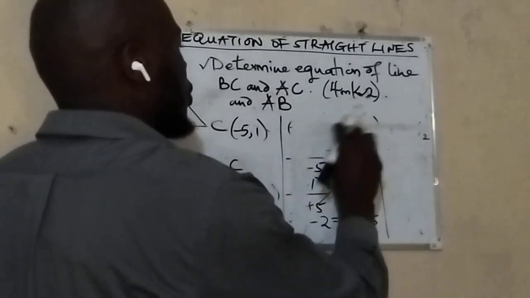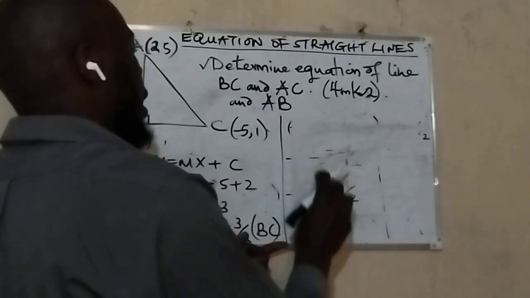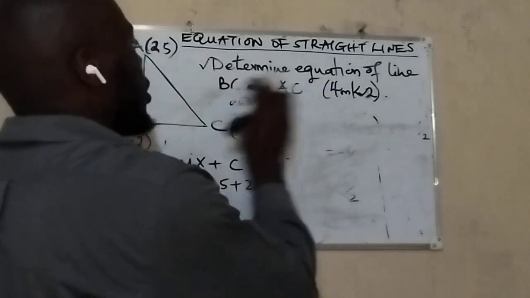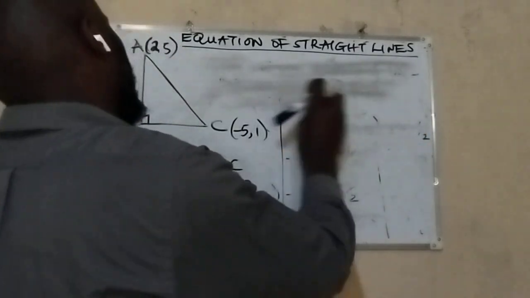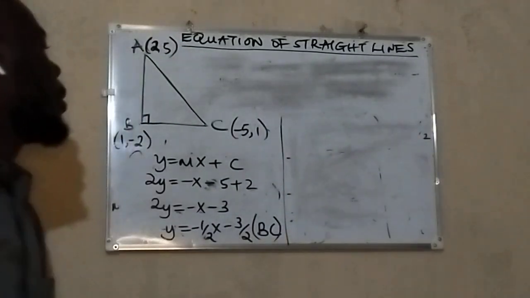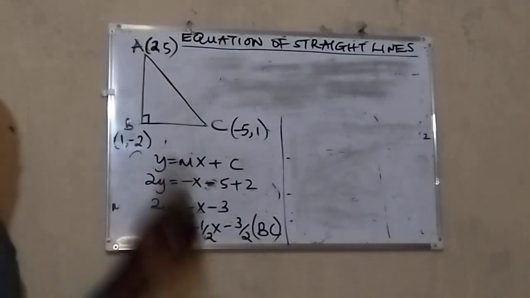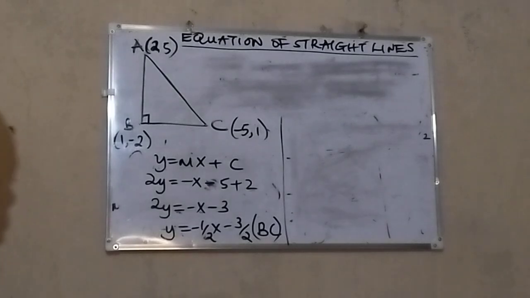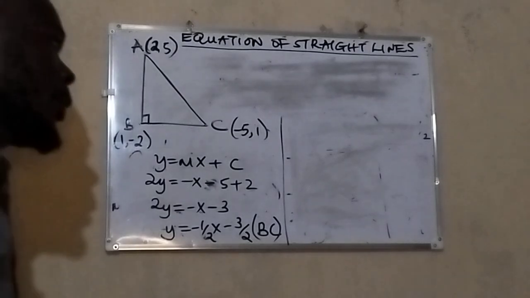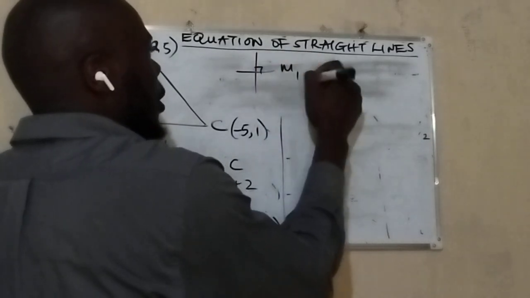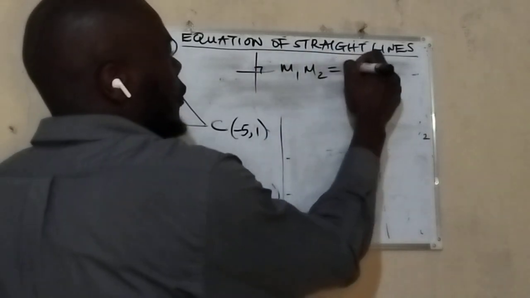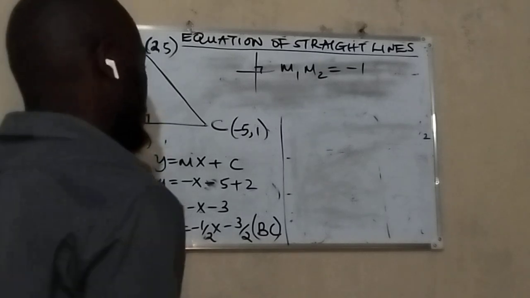So you want to go to the equation of line AB. How do you get it? BC and AB are perpendicular. And for perpendicular lines, M1 times M2 will give you -1.